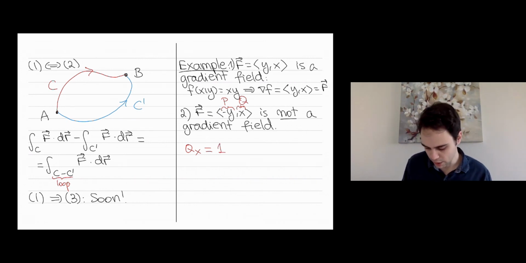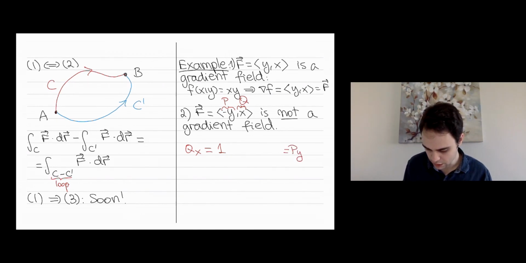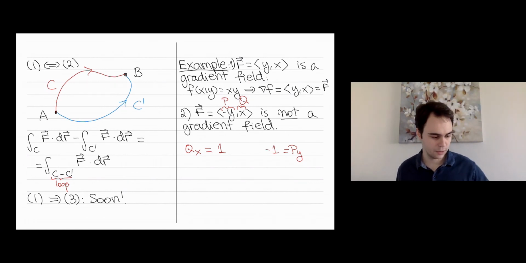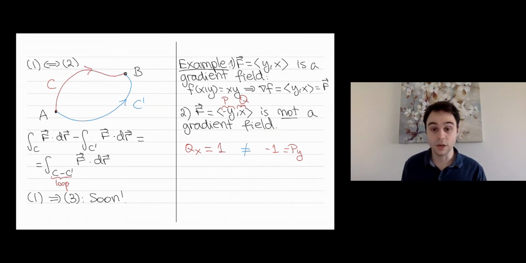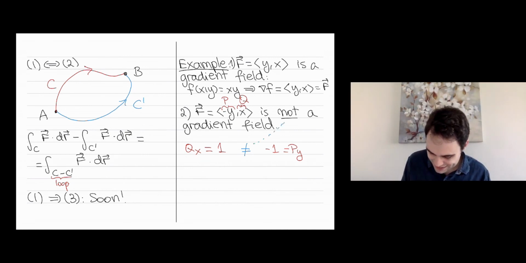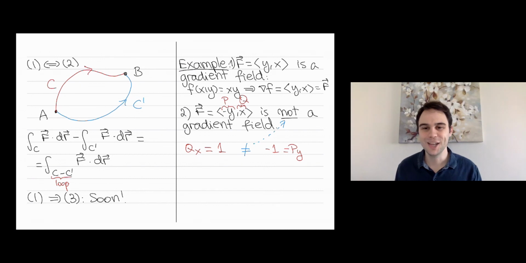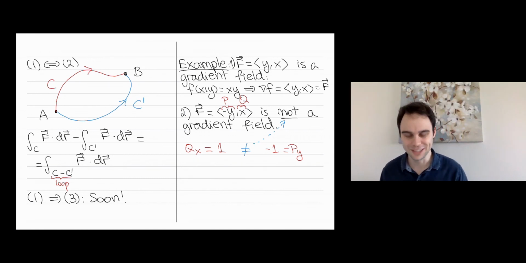On the other hand, if I compute the y partial of the first component, so in this case P sub y, I get another number, negative 1. Now we observe that the two are different, and that's how I know that f is not a gradient field.